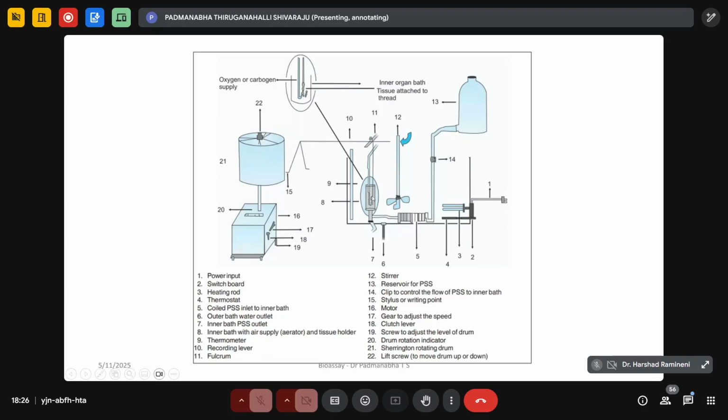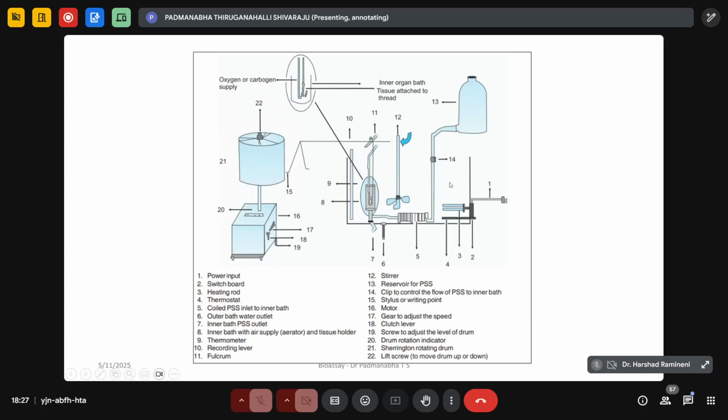Once the phase of the response is over, you need to give a cycle break, and a wash has to be done, and again you can go with the response for the other concentrations as well, to check at what concentration the drug is more effective. We can compare with the standard drug whether it is producing the same response as the standard drug, or whether it is much more effective or less effective than the standard drug.